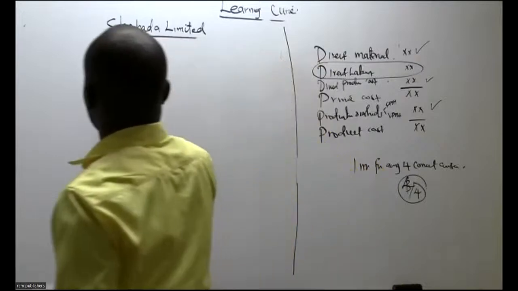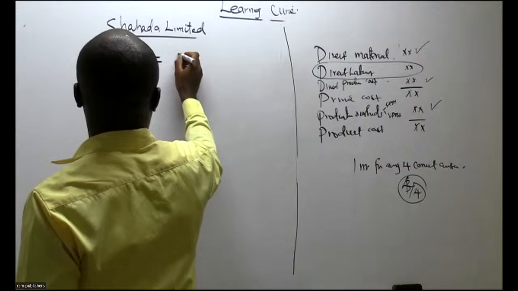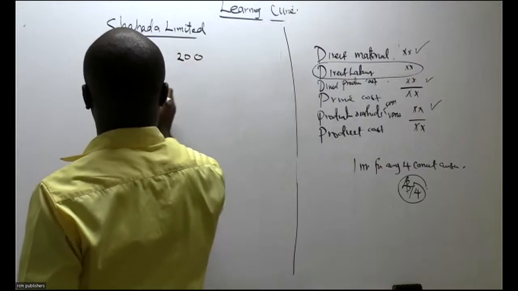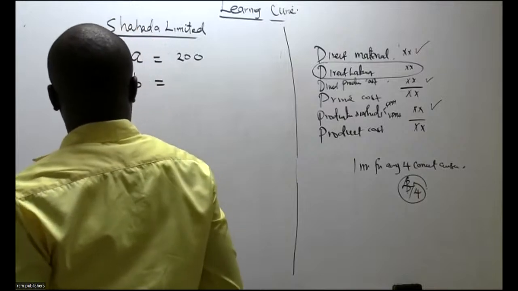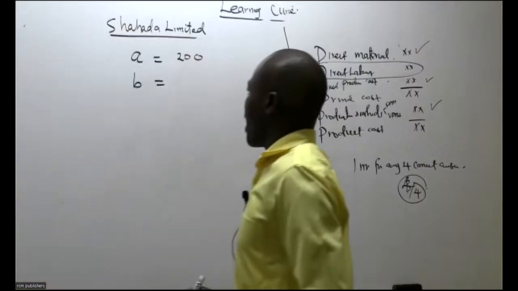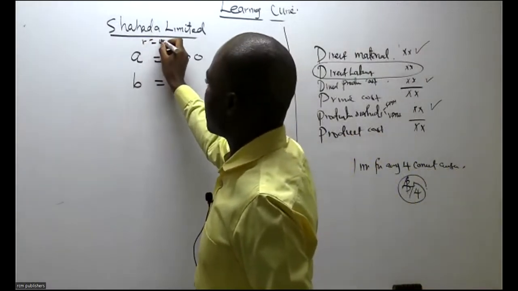questions. Now, we've already known that A is equal to 200, is it? B, we've been able to get the value of B, which is equal to log R. Log R, we have R somewhere as 0.9.